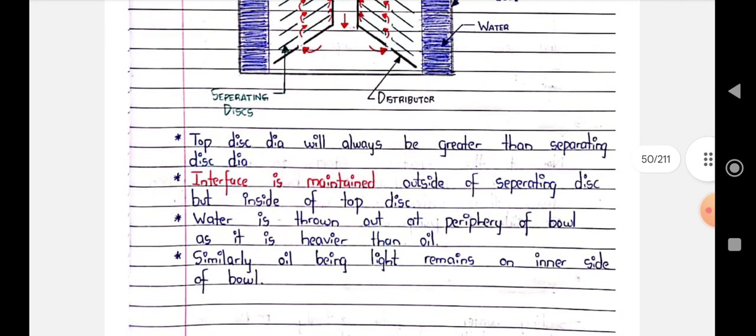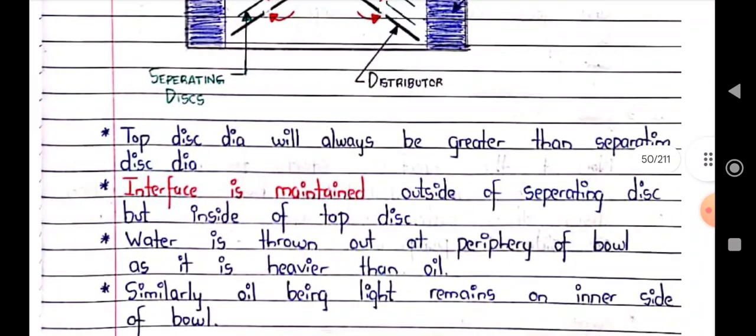The top disc diameter will always be greater than the separating disc diameter. The interface should be maintained outside of the separating disc but inside of the top disc.